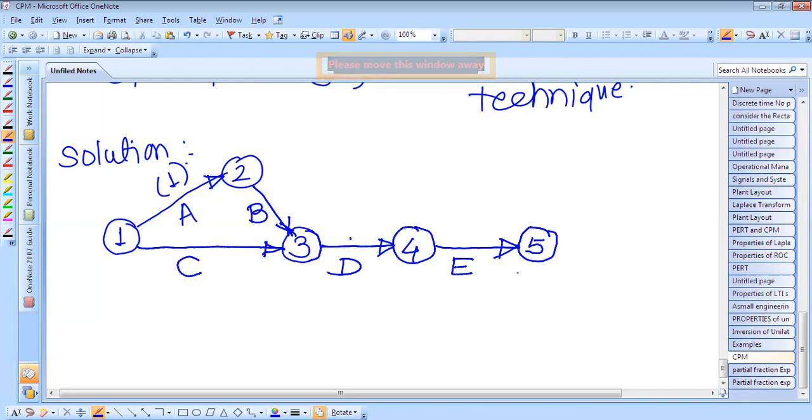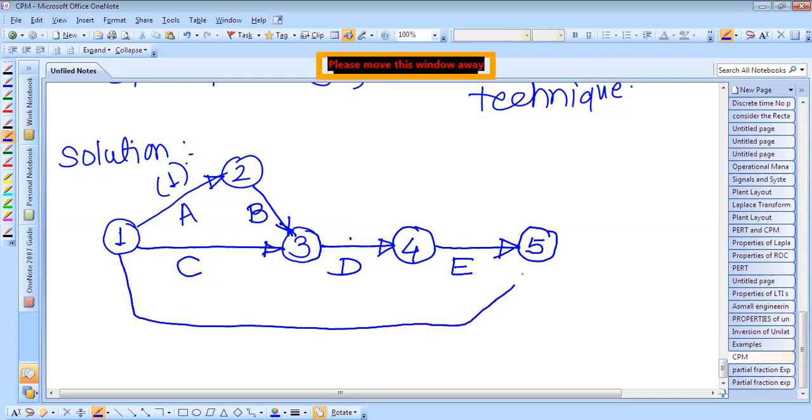Meanwhile, there is the activity to obtain the pre-cut rubber lining from the market. That means we again start from event 1 to event 5 like this.